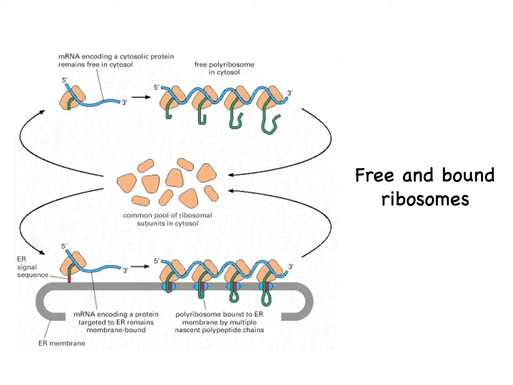The advantage of this is that it doesn't require any additional energy. The energy from pushing it through the ribosome is enough to drive it through the membrane of the ER and into the ER.